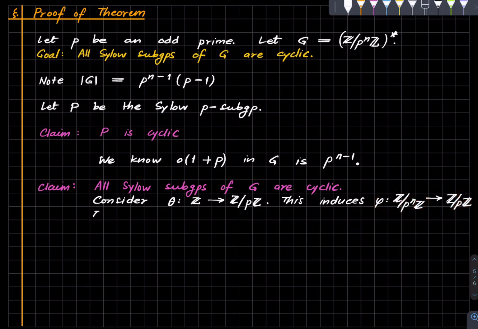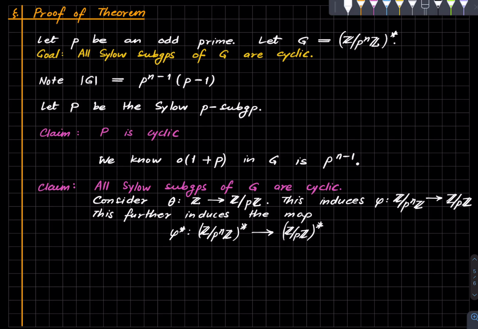This further induces the map phi star, and we already discussed that this map is surjective and it is a group homomorphism. We discussed this in the previous page, so we have that.